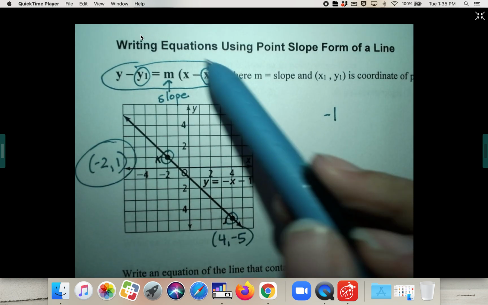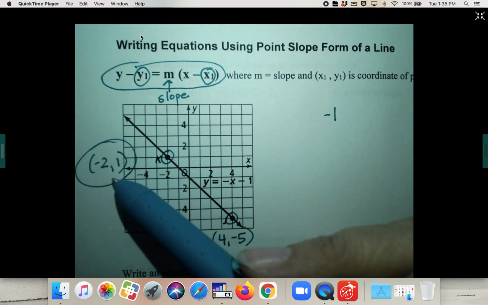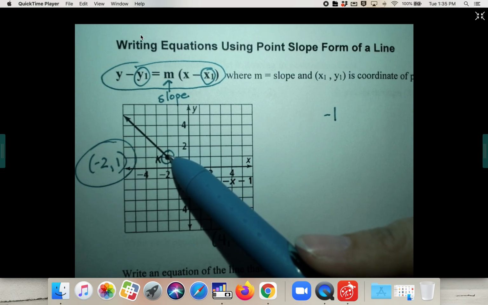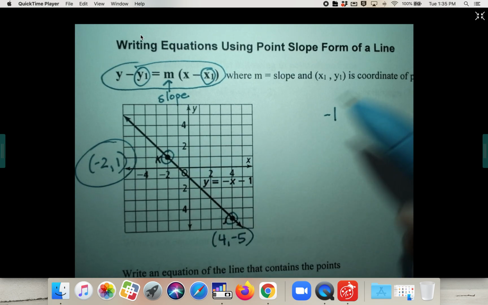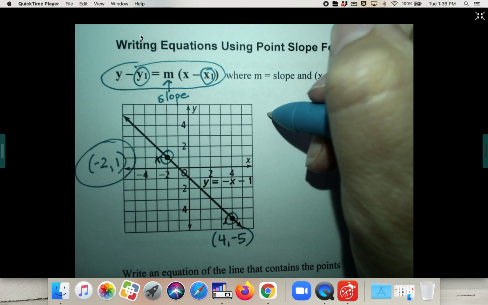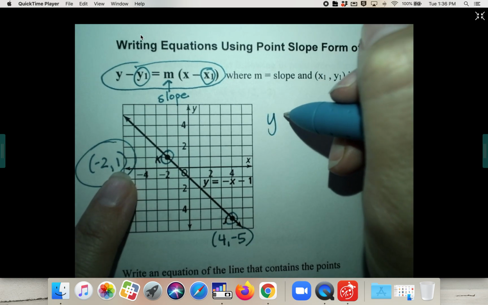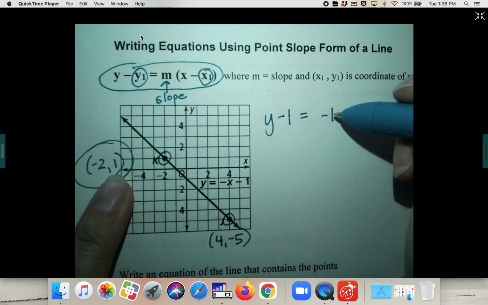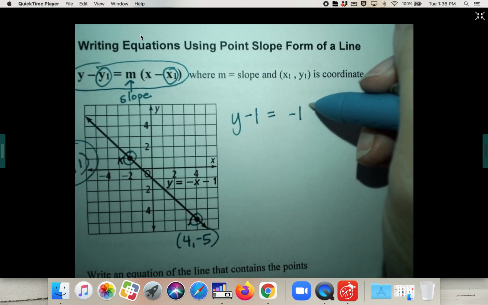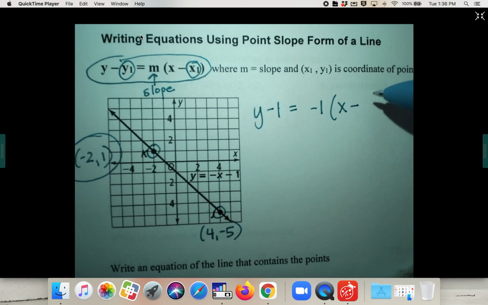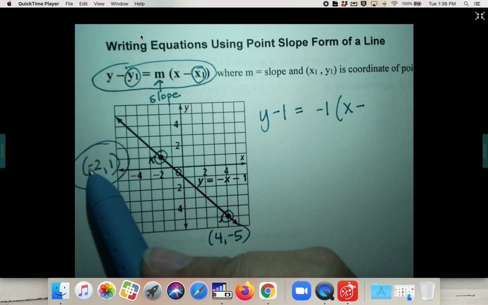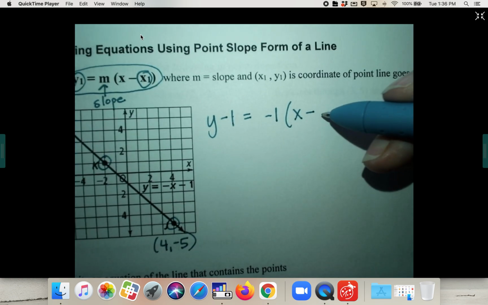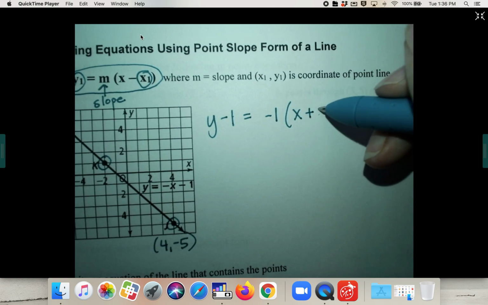All right, so if I'm writing this out using this particular point and our -1 slope, it would be y minus my y coordinate, which is 1, equals slope, which is -1, times the quantity x minus my x coordinate, which is -2. So if you have x minus negative, we're just going to change it to plus.